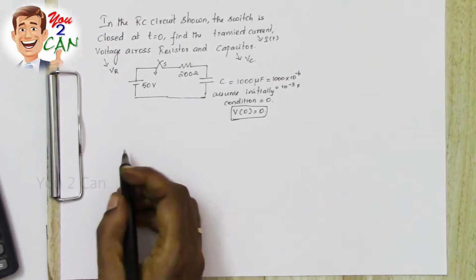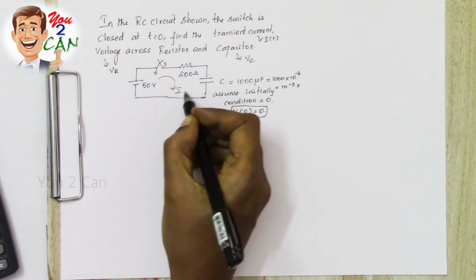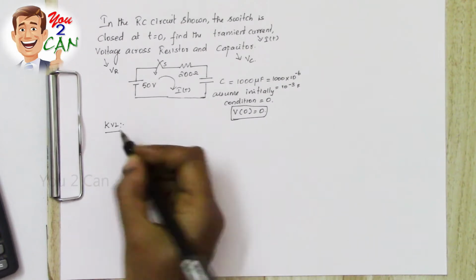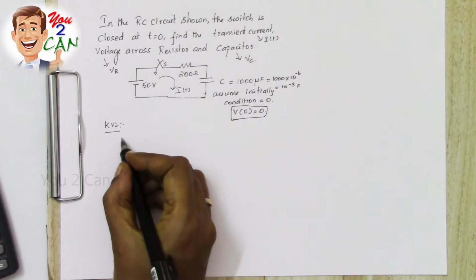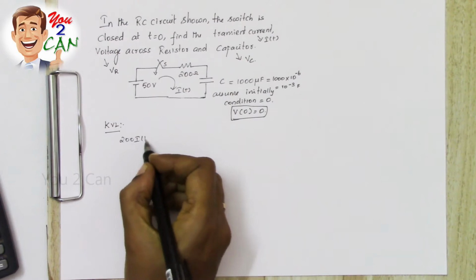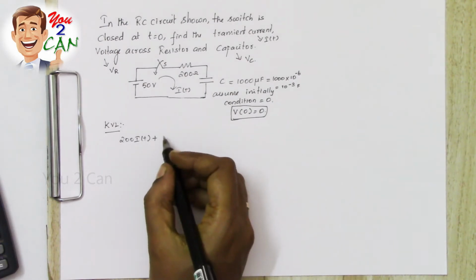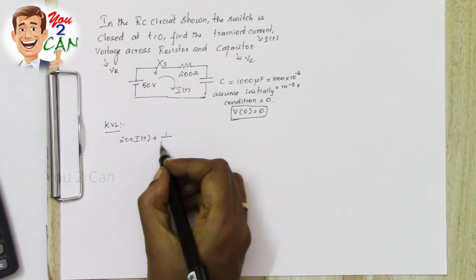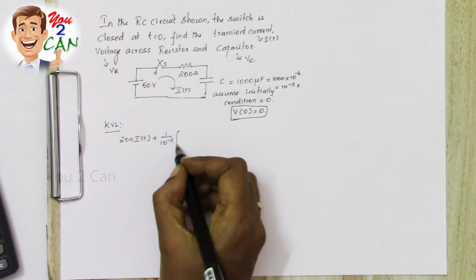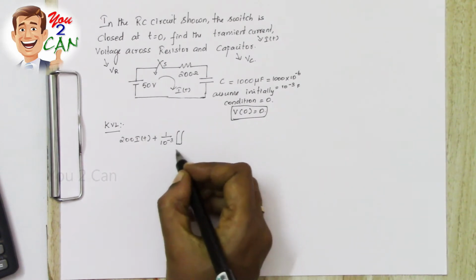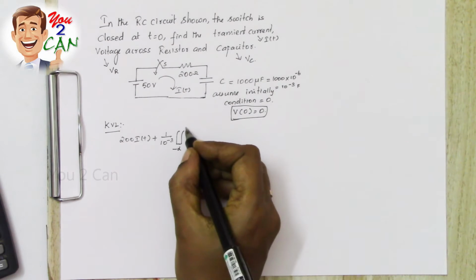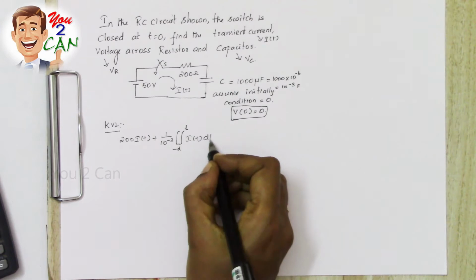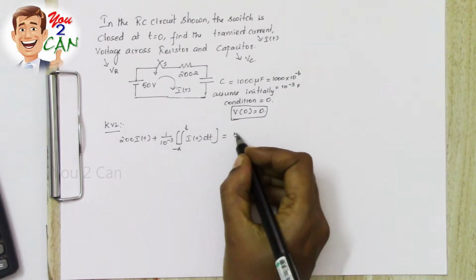Now we have to find the current I of t, and by applying KVL the equation is: 200 into I of t, plus for the capacitance the formula is 1 by C, which is 10 power minus 3, into the integral from minus infinity to t of I of t dt, equal to the voltage 50.